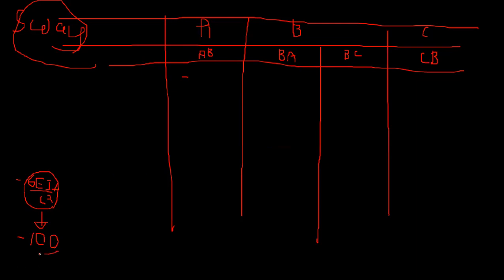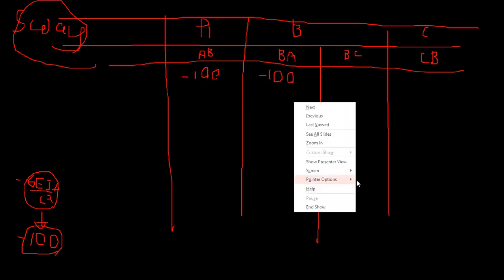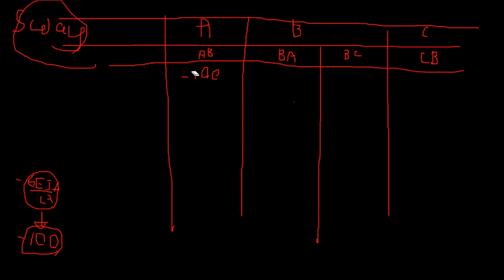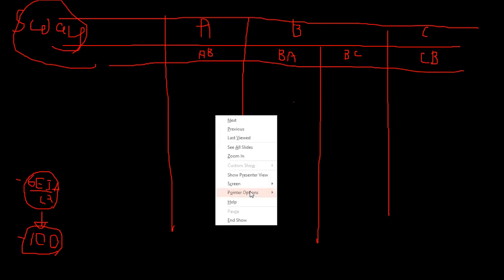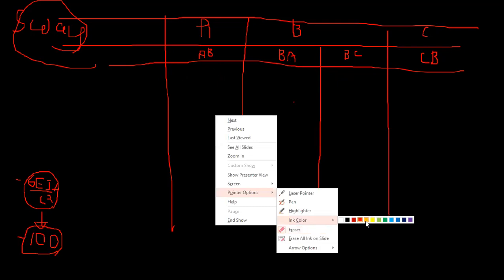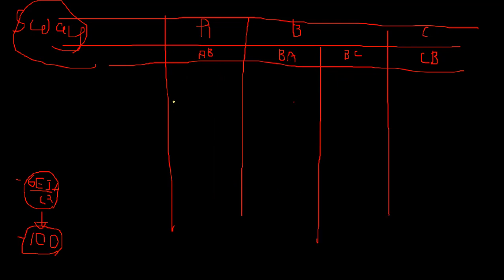So this is going to be minus 100, and this is going to be minus 100. First I need to write the distribution factors. You need to start everything with distribution factors. It's 0. Here it's 0.33.